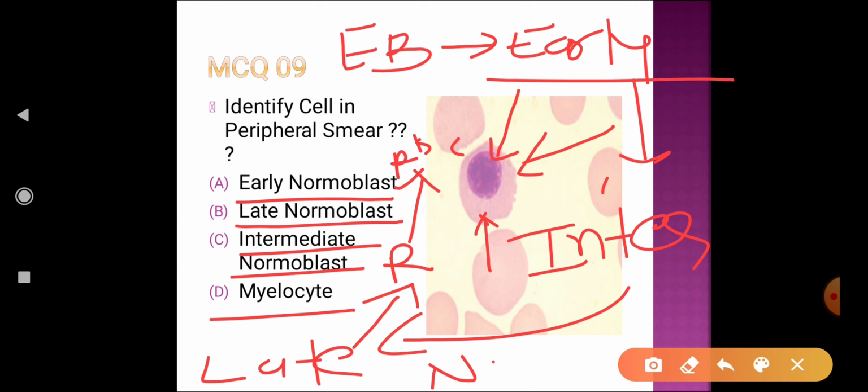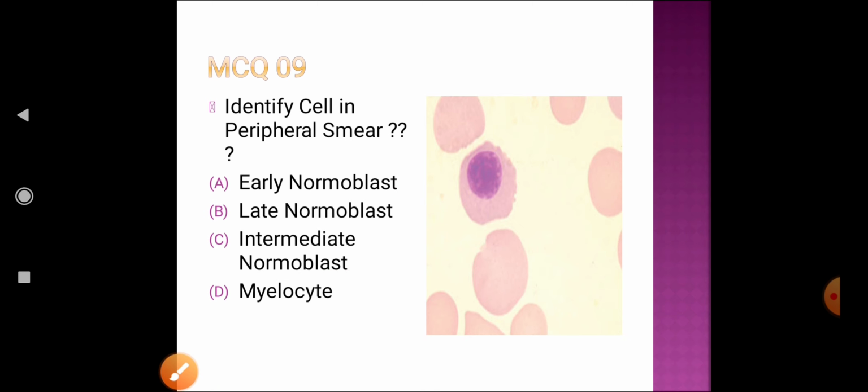The early normoblast has basophilic cytoplasm and the cell is large, so it is known as basophilic normoblast. In the intermediate normoblast, there is a presence of pink tinge, so it is known as polychromatophilic normoblast and the size is somewhat reduced. In the late normoblast, the cytoplasm is totally pink and the nucleus is pushed to the periphery. So it matches in this diagnosis. So this given cell is late normoblast.